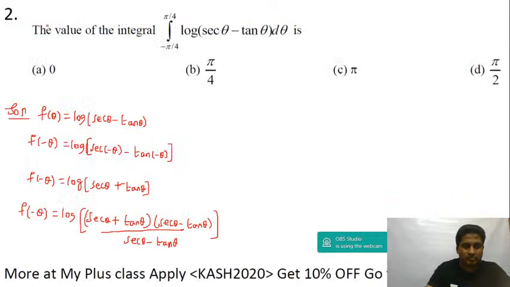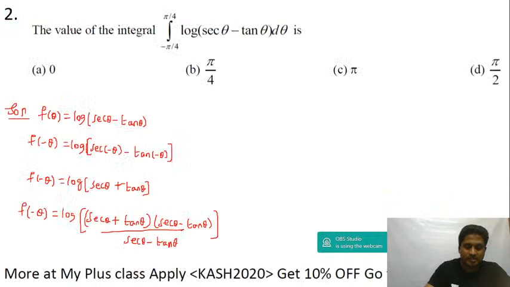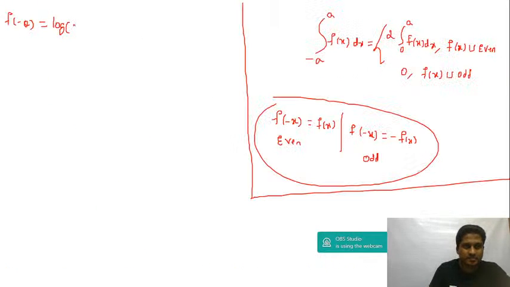The numerator will be log of a plus b into a minus b, which is a square minus b square. This is sec square minus tan square, and in the denominator you get sec minus tan. Anyway, sec square minus tan square will be 1. So this is equal to log of 1 upon sec minus tan.